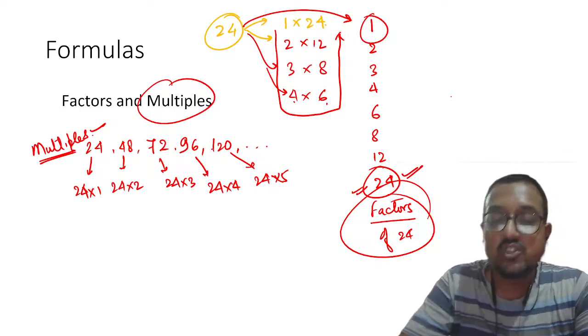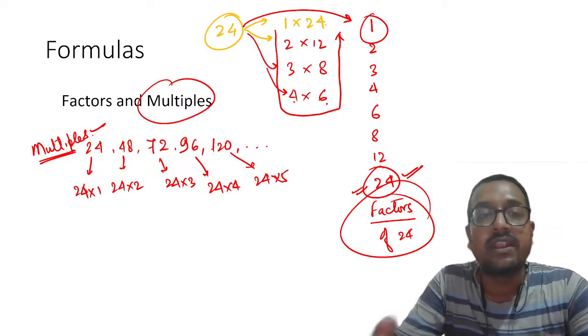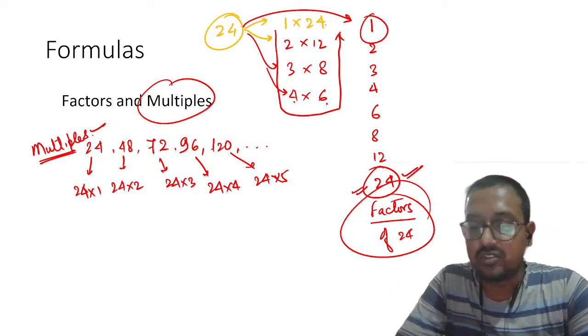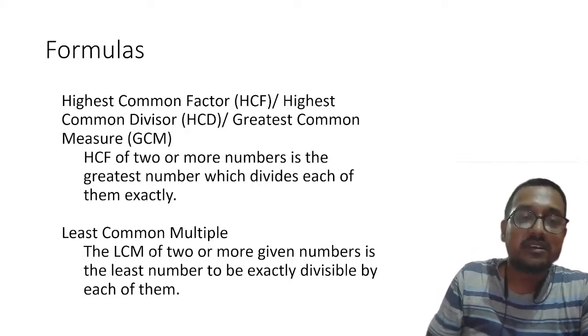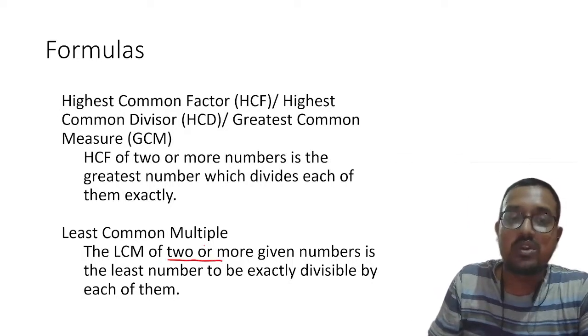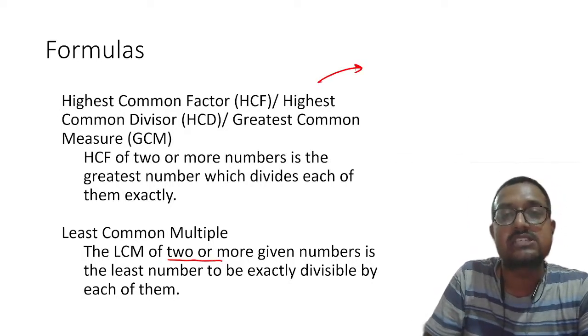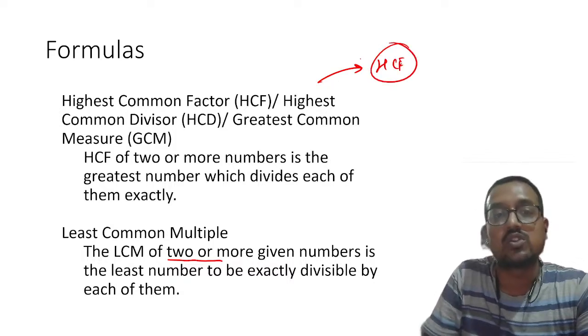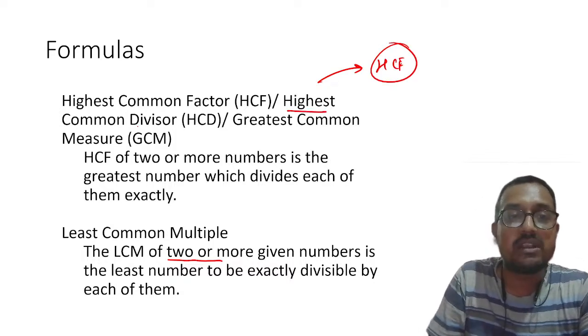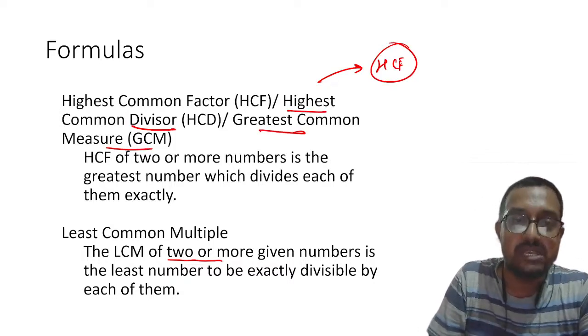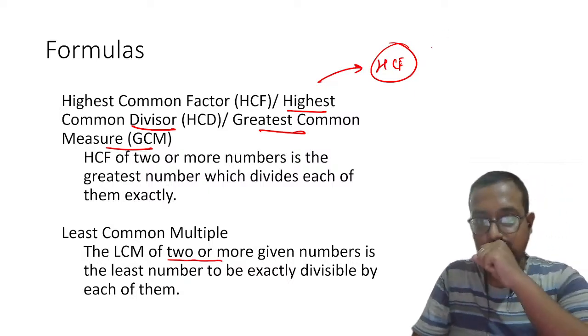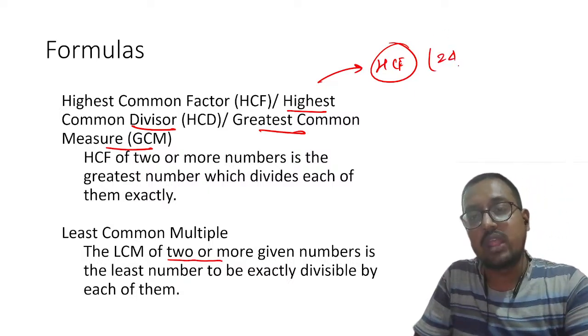Right? Now suppose I want to find the highest common factor. The name itself says that there will be two or more numbers. Highest common factor is also known as highest common divisor or greatest common measure. Understood? Let us say 24 and 36.